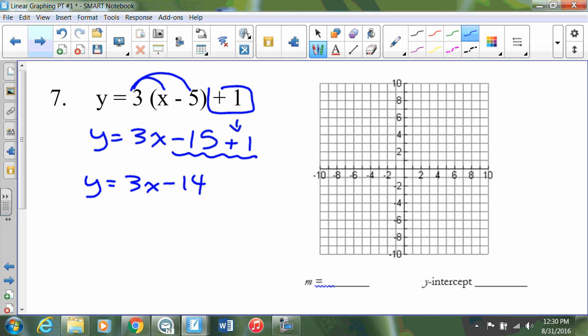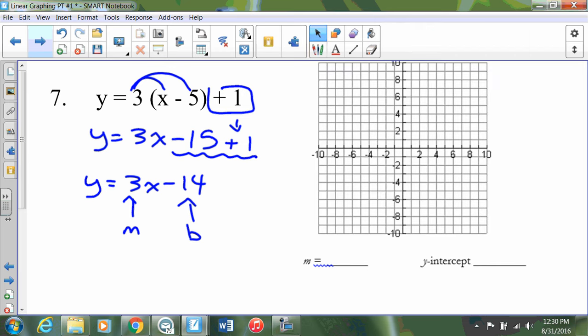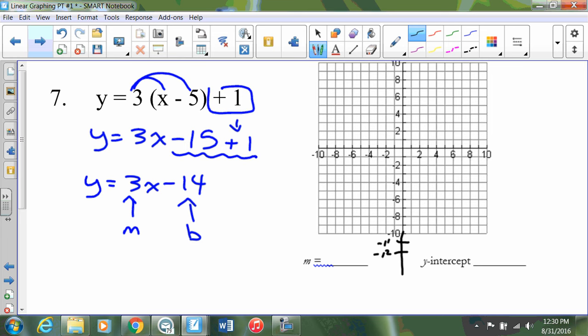Now, can you see this is slope-intercept form? Because that's my slope and that's my y-intercept. So now we know how to graph it. Yes, it's a bummer. The graph that I gave you does not go down to negative 14. So what we want to do is extend it a bit. And if this happens to you on the test, feel free to extend. So we'll have negative 11, negative 12, negative 13, and negative 14.